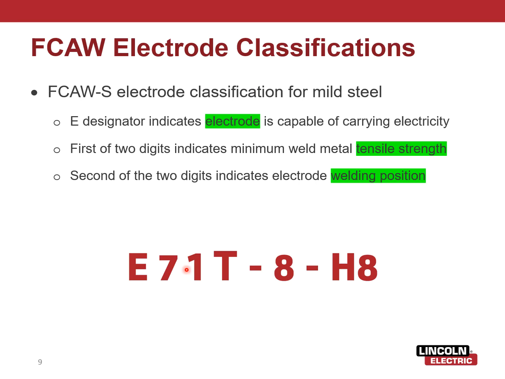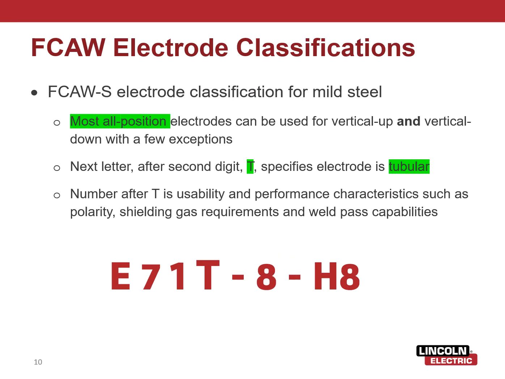Same thing as before, you're only ever going to have a 1 or a 2 here, 1 being all positions and 2 being flat and horizontal only. Most all position welding electrodes can be used for vertical up and vertical down, but some will not. Some of them it's only going to be vertical down. Some of these flux cored wires have an excessive amount of flux, and so doing vertical up may be a little more challenging.